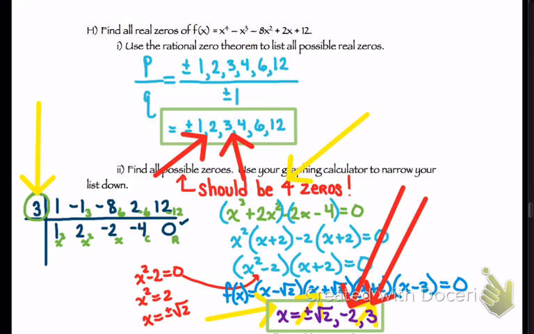Why was the square root of 2 and the negative square root of 2 not in that list? Well, if it's not in the list, that must mean that the square root of 2 is irrational. It can't be written as a fraction, and therefore that's why it's not on the list. Okay, so I just wanted to back the train up, make sure you understood. That's why it wasn't on the list.